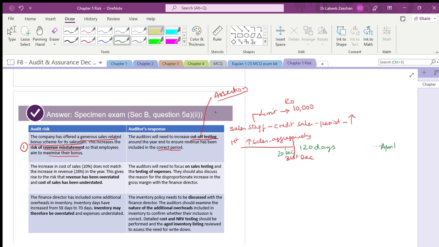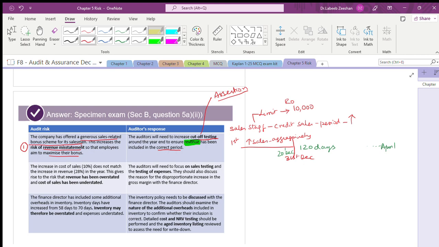Cutoff testing means looking at what happened during the last 1 month, the last 10 days, to ensure that revenue has been recorded in the current accounting period. This is where we are very much concerned about the response. Is it okay? Yes, clear.